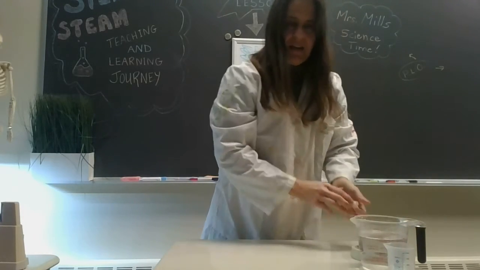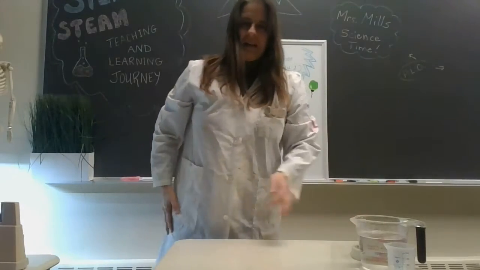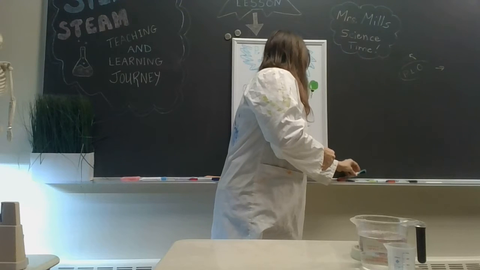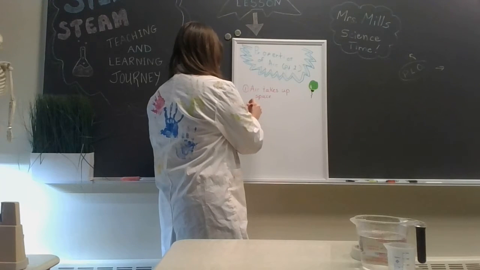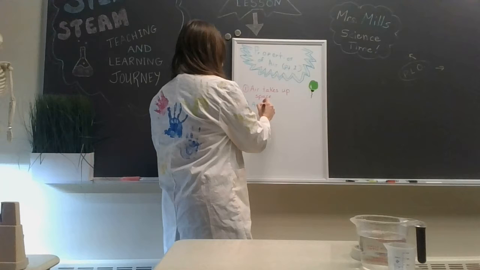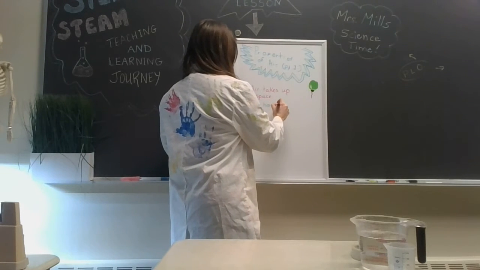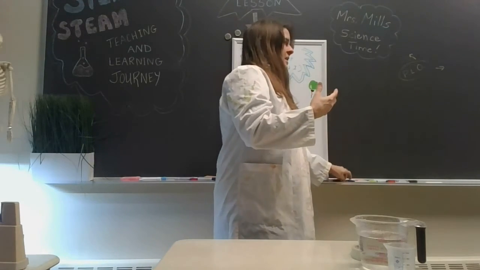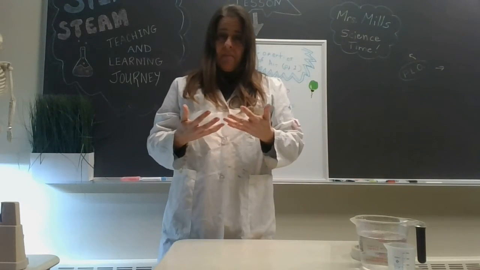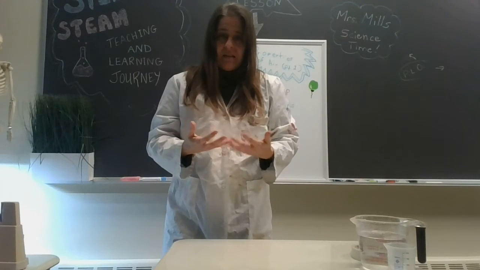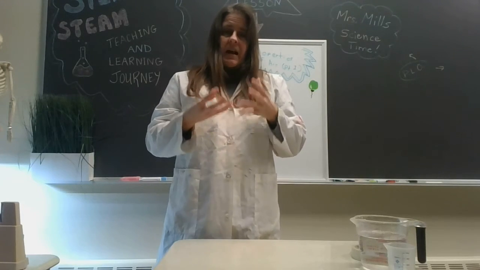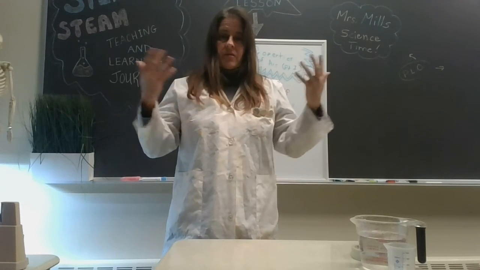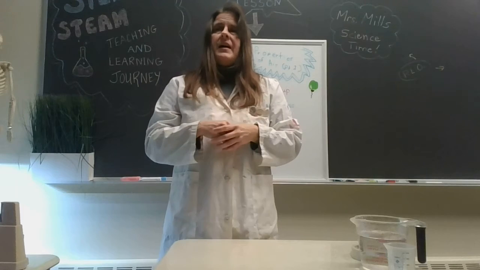Now the second property we're going to look at today is that air has mass. Okay, so what does that mean? Well, it means that air weighs something. There's particles there, and if you weigh them, they will have a weight. This is extremely important to know when you are learning about flight, especially.